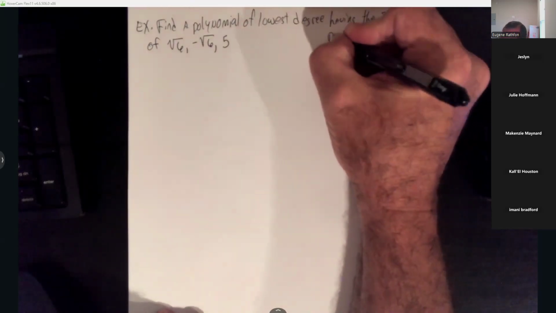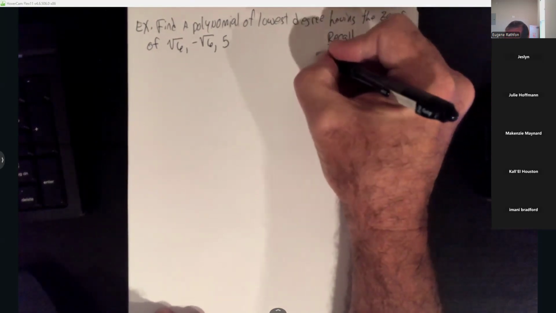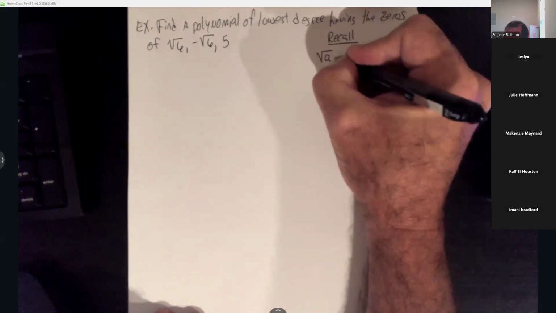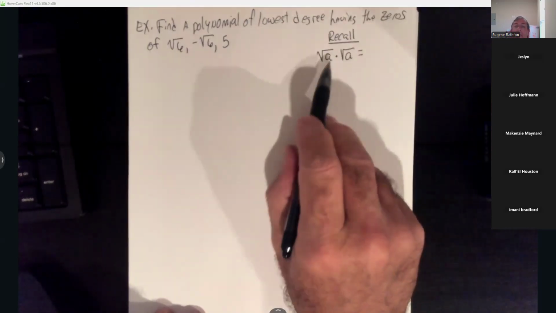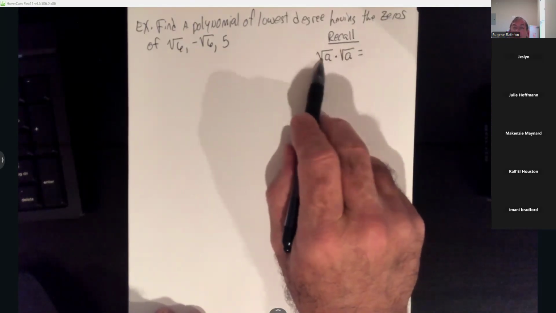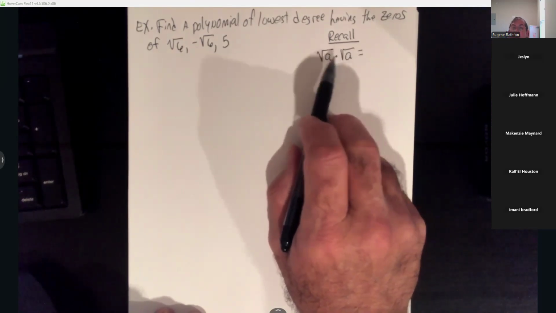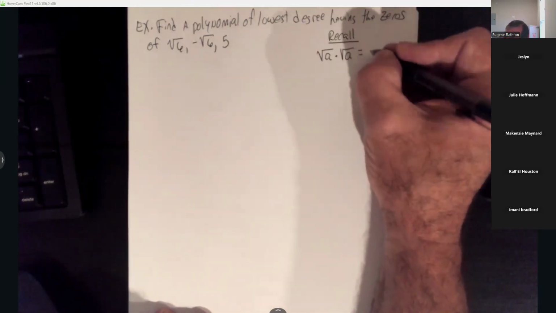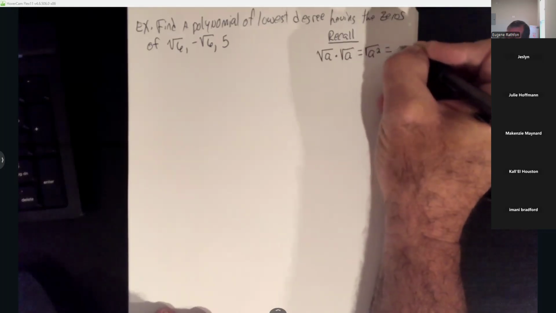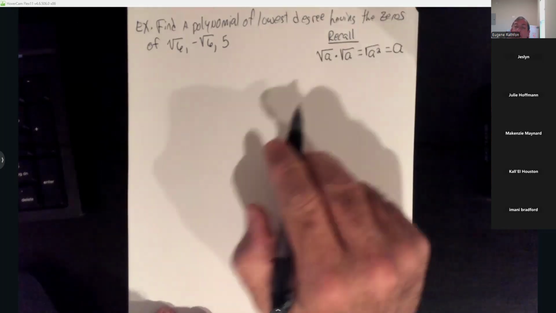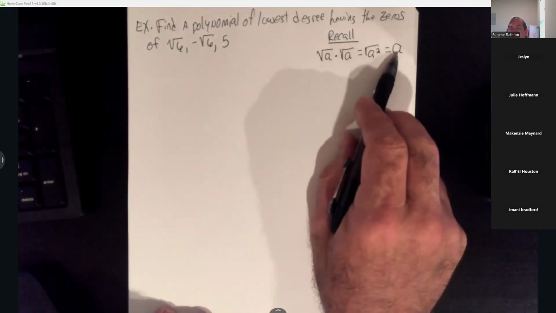So on this, we got to recall one thing. A radical times itself equals the number under the radical. So watch this. A times A is A squared, and the square root of A squared is A. So if this was a square root of 2 times square root of 2, it would equal 2.